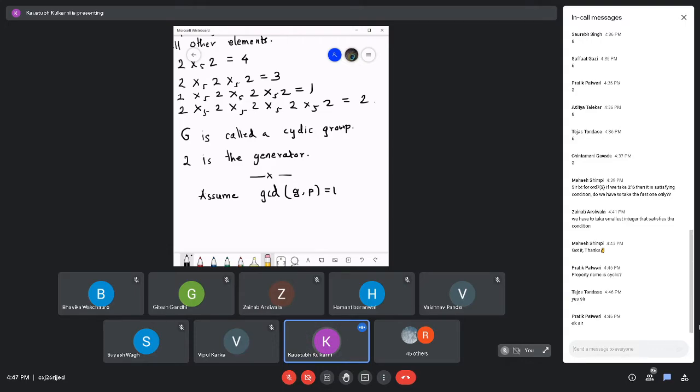For the examples that we saw, this property already holds: 2 and 5, 2 and 7, their GCD is 1. Now these statements are all equivalent.